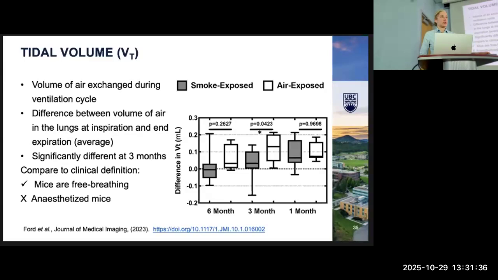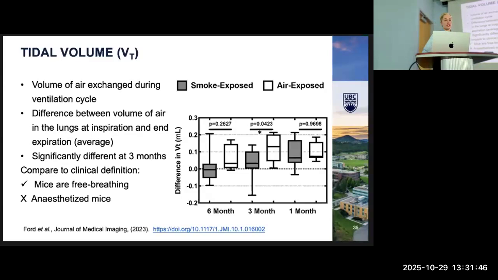In COPD, this isn't normally a big symptom. It's more air trapping, and at the early stages at least, it's not as much about how much air they can get in and out. Their exchange is reasonable at the early stages. It's just the air trapping that becomes a problem.